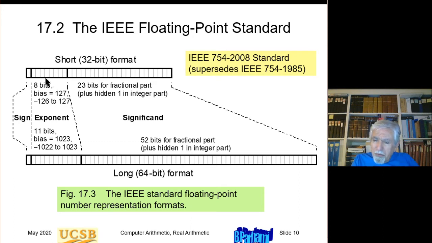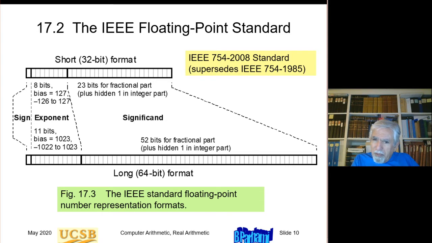You notice that two codes are missing here. 0 is not used, and 255 is not used. Those two extremes I'll show you in a minute. They're used to encode special values in this standard.